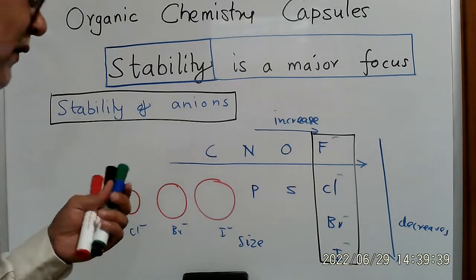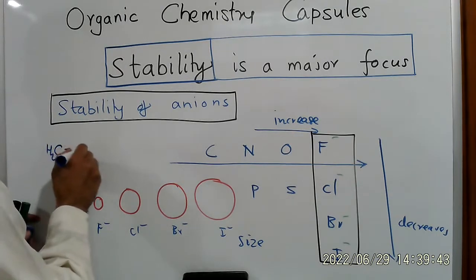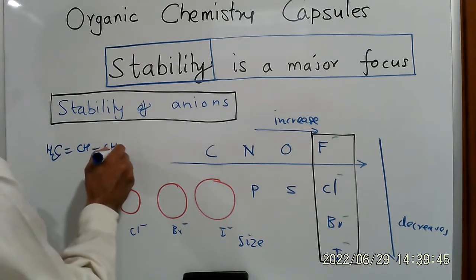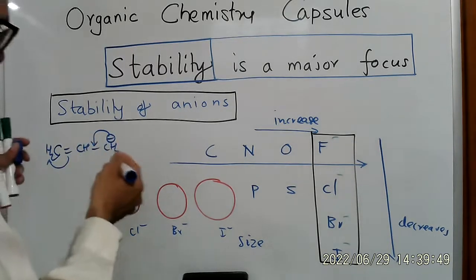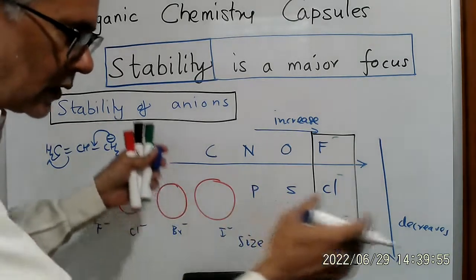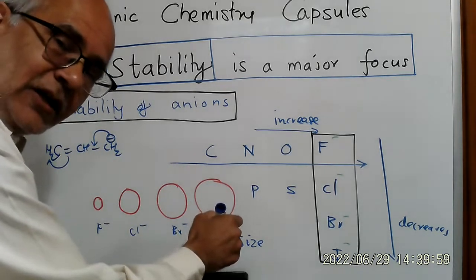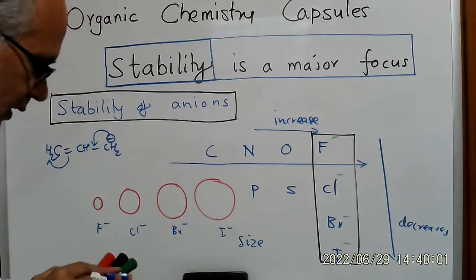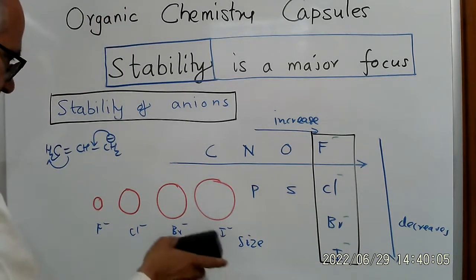When we talked about resonance, I'll just draw that example again here. You see that negative charge comes in and then this goes there. So the negative charge is spread out over the molecule. Here the negative charge is spread out on a larger surface, making iodide actually the most stable. So iodide is most stable in this case.